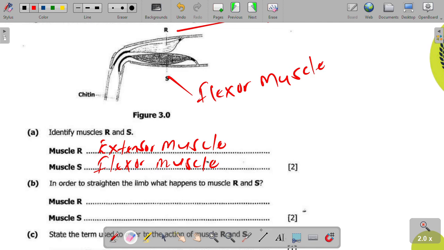So here you have your 2 marks. Okay. Make sure that you're writing these notes down. Very, very important.